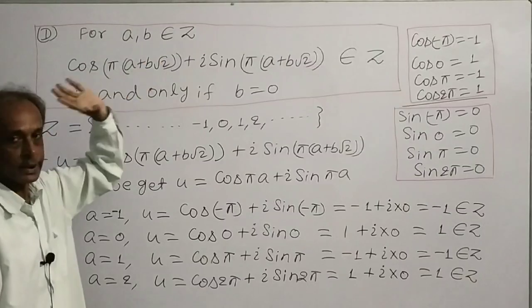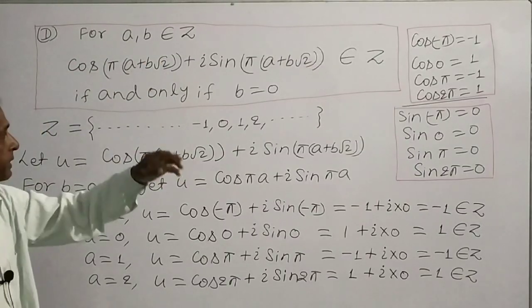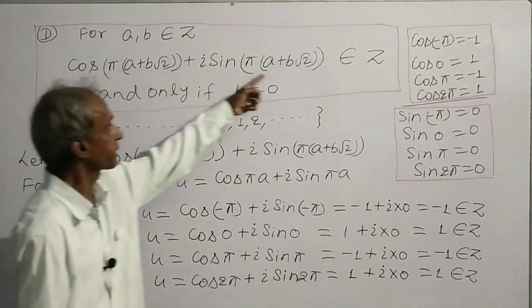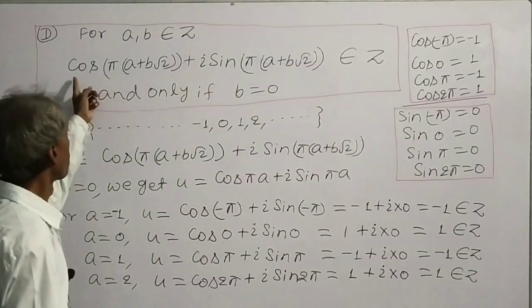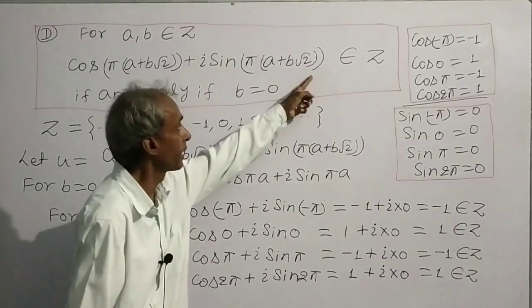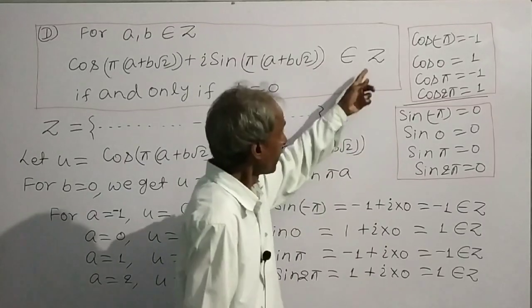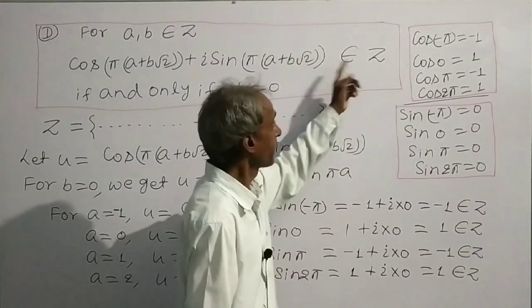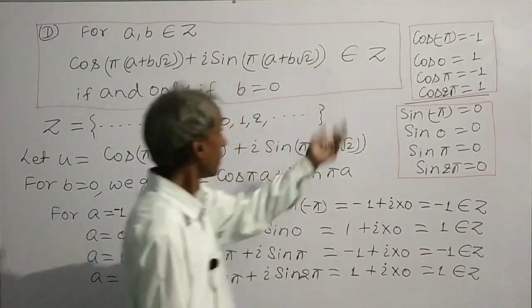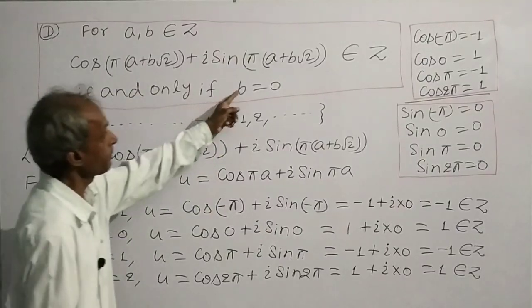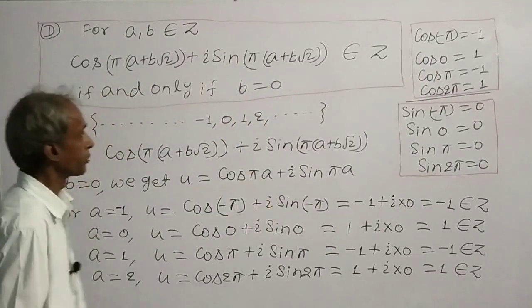In this option D, it is said that the complex number written from here to here is an integer if and only if b is equal to 0.